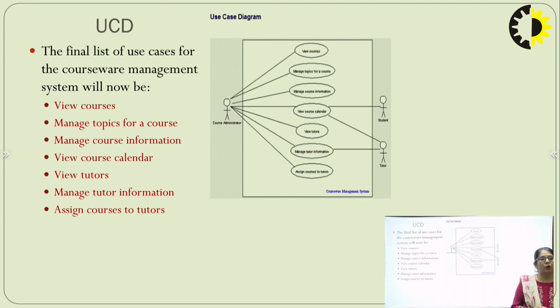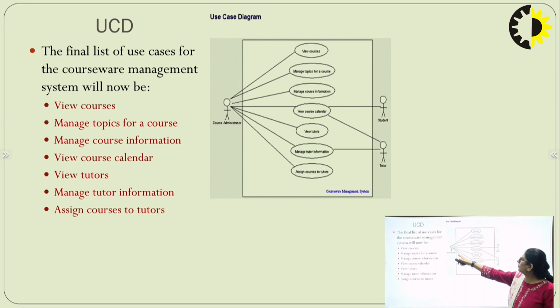So if we draw a final use case, then we can see we have a course administrator, a student, and a tutor. A student can only view the course calendar, as we see. A student can learn the course. A tutor can view the course calendar, he can manage his information because it's tutor information.